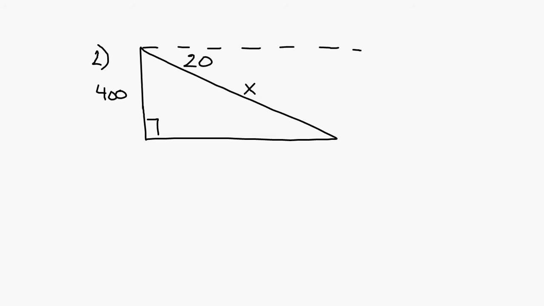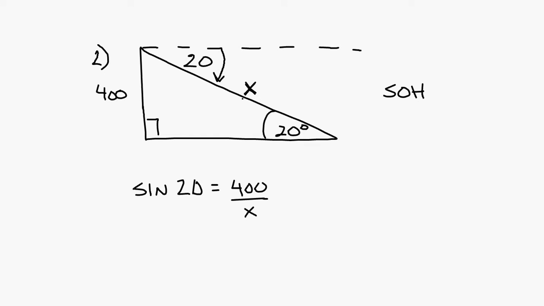So remember that an angle of depression in this situation, this angle and this angle are congruent to each other. You're trying to find x, which is the hypotenuse. In relation to the given angle, you've got opposite, and you're looking for hypotenuse, which is, in SOHCAHTOA, sine of 20 equals opposite over hypotenuse.